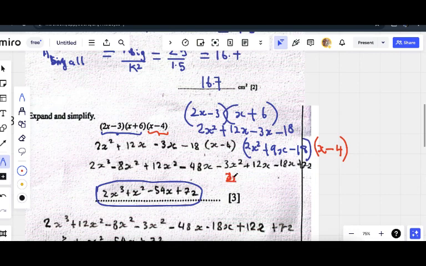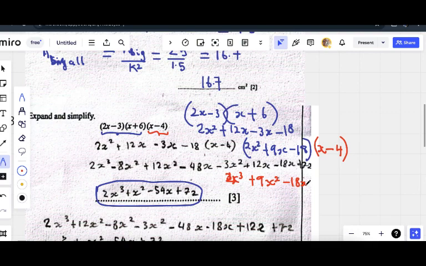Then we say x multiplied by 9x, we get plus 9x squared. Then we say x times negative 18, we get negative 18x.